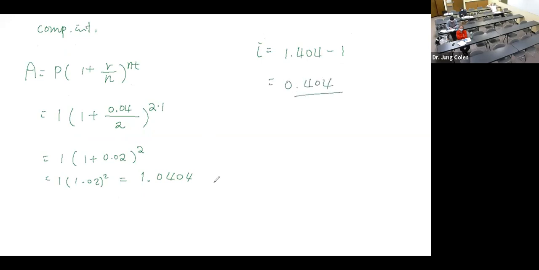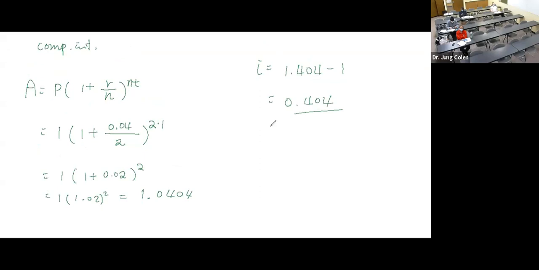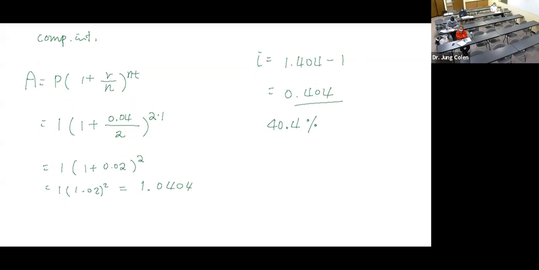That's how much interest you got using $1 at 4% semi-annually for 1 year. If we say this as a percentage, it's 4.04%. We call this the annual yield, the percentage of annual yield.